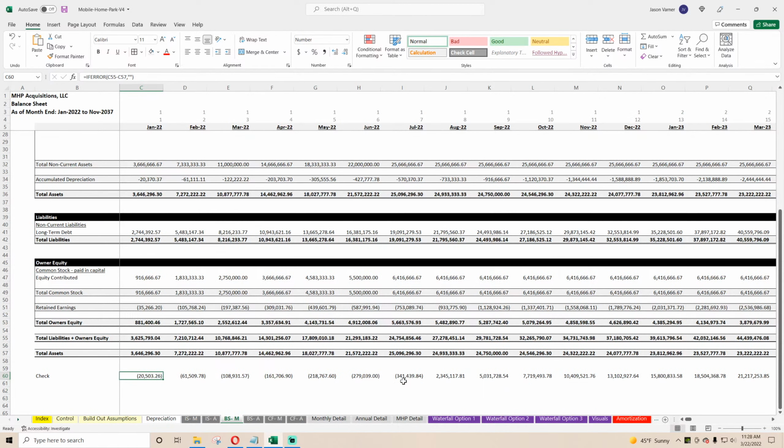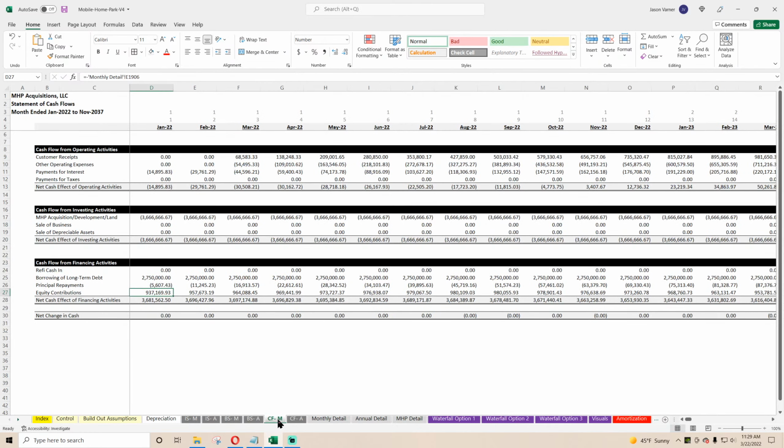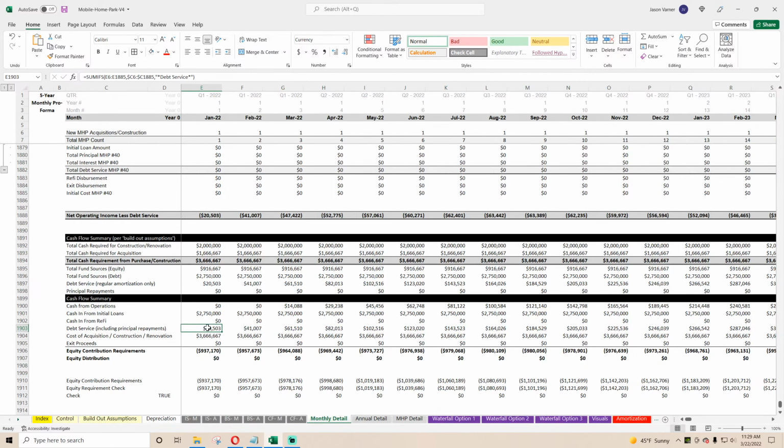Well, there might be other stuff. Well, let's see. So somewhere we must be double counting that debt service somehow. So this equity contribution, let's just go through this again.